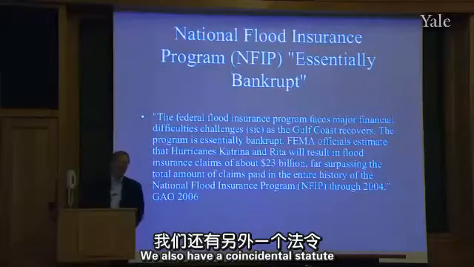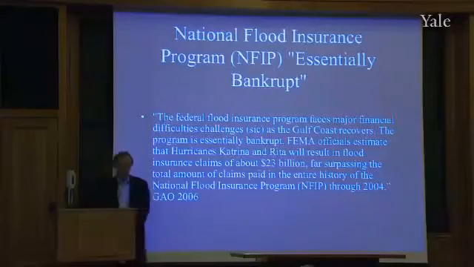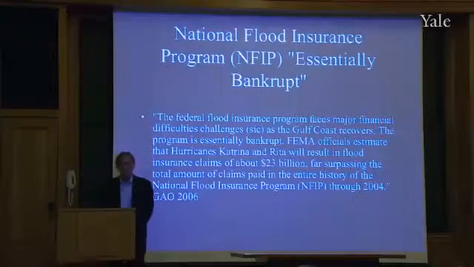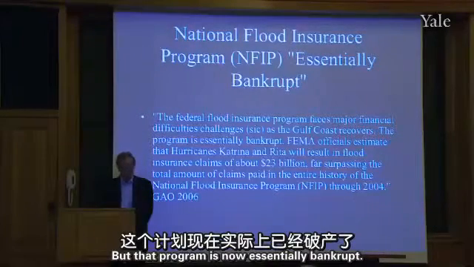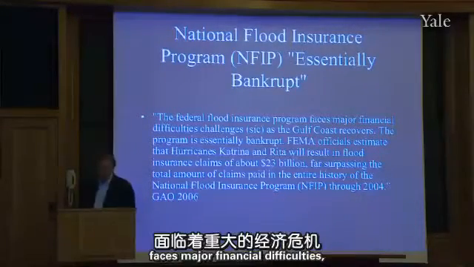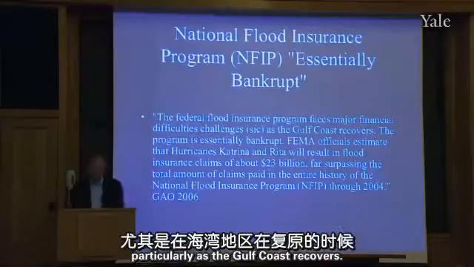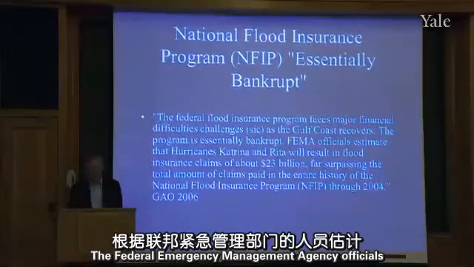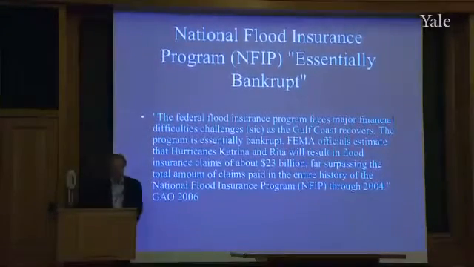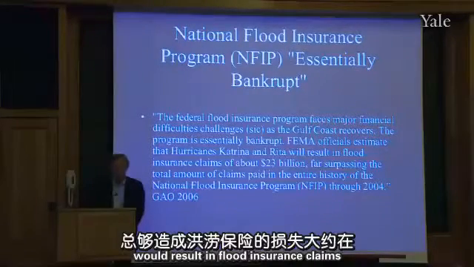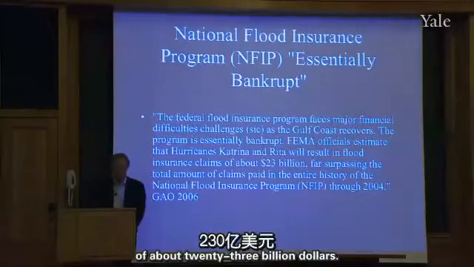We also have a coincidental statute that's created the National Flood Insurance Program. But that program is now essentially bankrupt. So the federal flood insurance program faces major financial difficulties, particularly as the Gulf Coast recovers. The Federal Emergency Management Agency officials estimate that Hurricane Katrina and Rita together would result in flood insurance claims of about $23 billion.